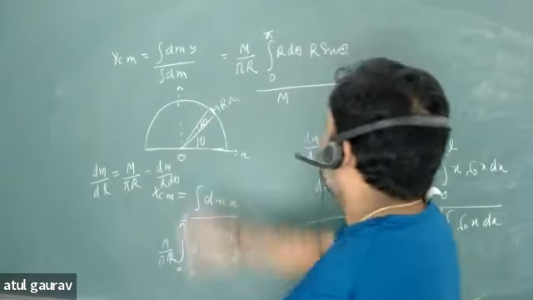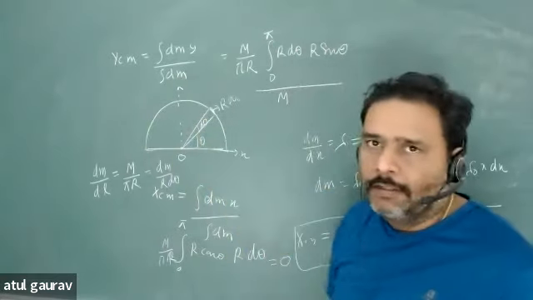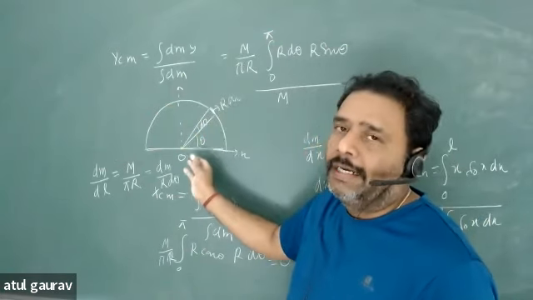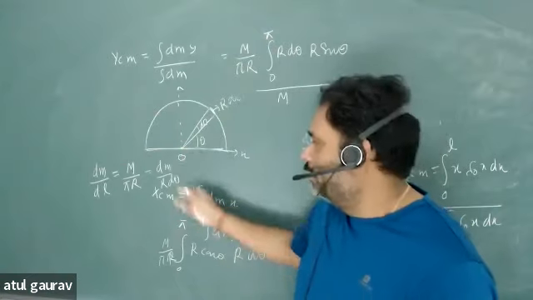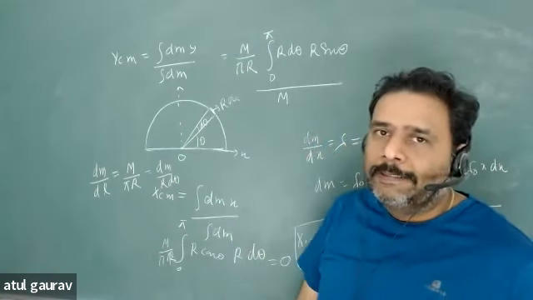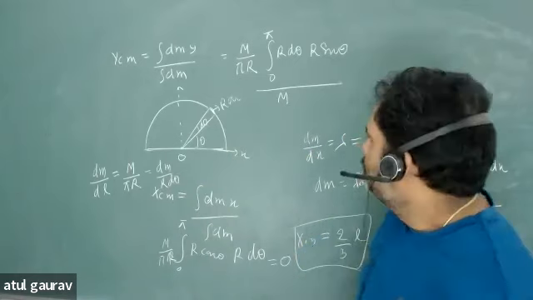If you integrate it, you will get the mass m, because the mass is uniformly distributed. Don't worry. But if it has some function of theta, then obviously neither xcm nor ycm will be 0.